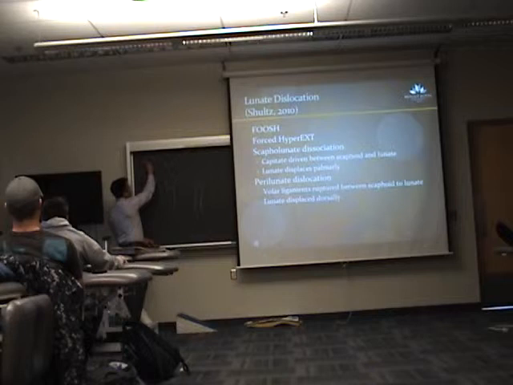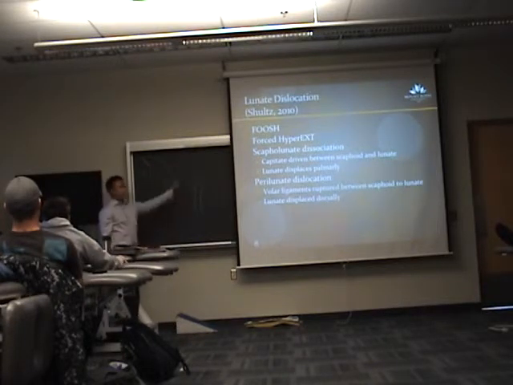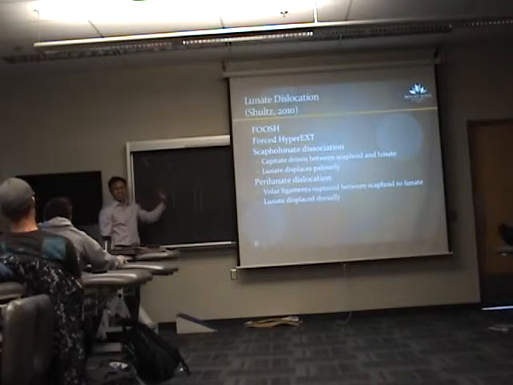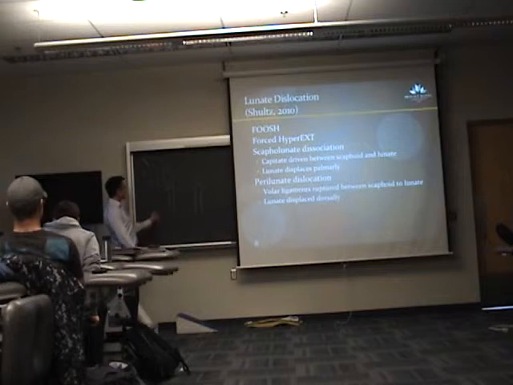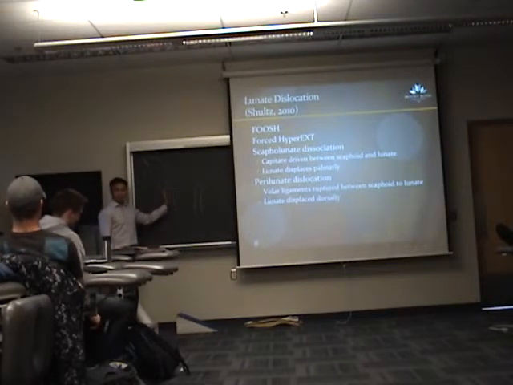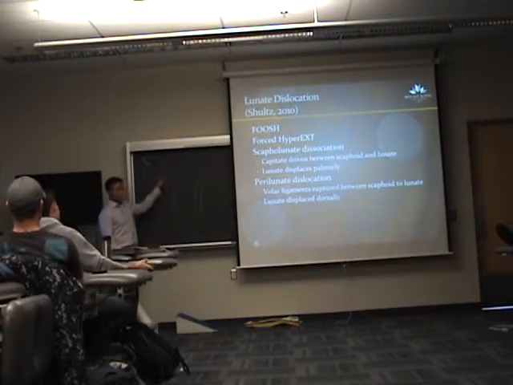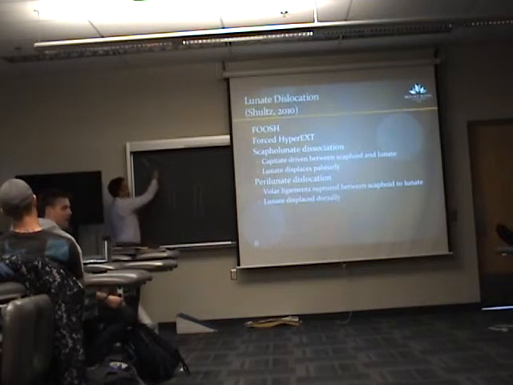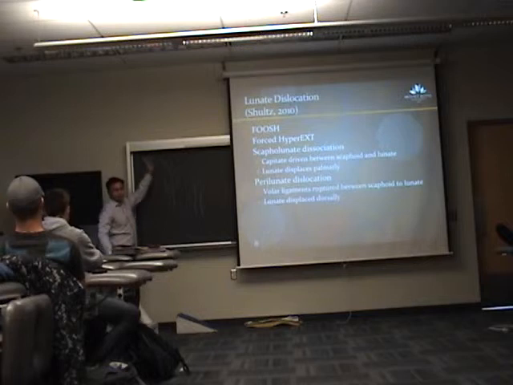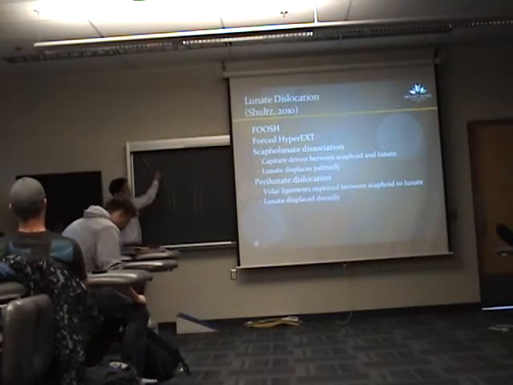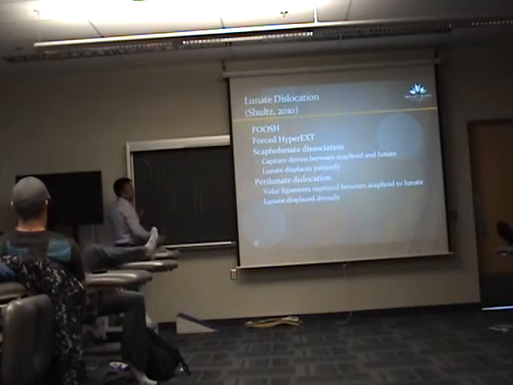I'll draw fingernails. Does that help? So my hand's like this. I love the looks on your faces right now. Okay, so radius, lunate, capitate, and then we have our metacarpals and phalanges and so on. Sorry, my fingers here should be longer. But we're just looking at the capitate and the lunate right now.